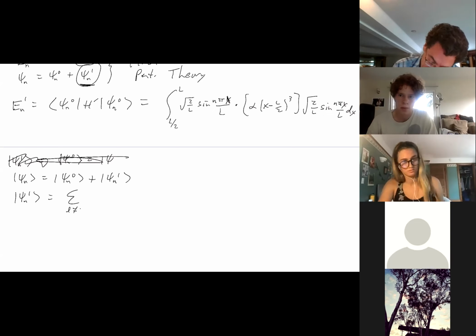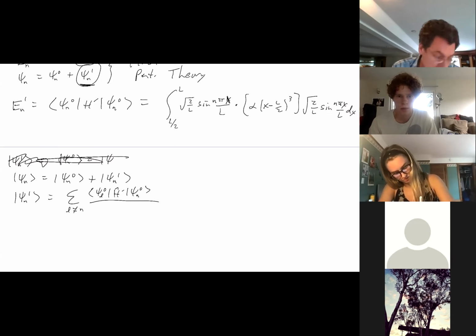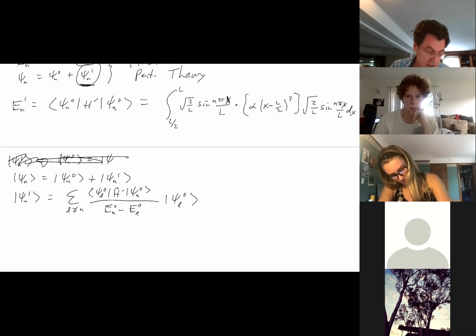It's a sum over L not equal to n of psi L naught, H prime, psi n naught, over E n naught minus E L naught, times psi L naught. And so now we just got to plug it all in.